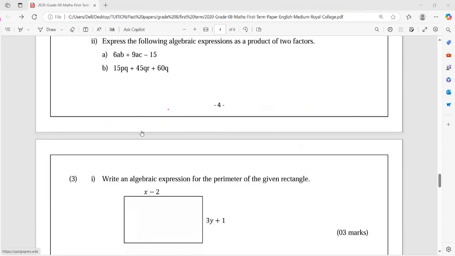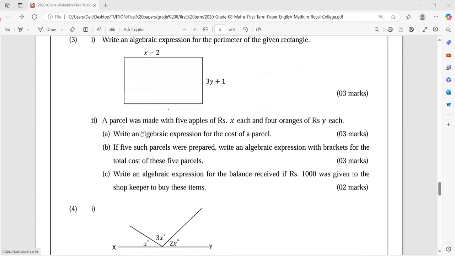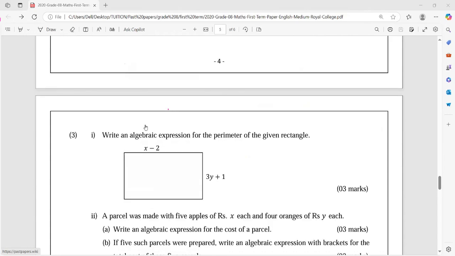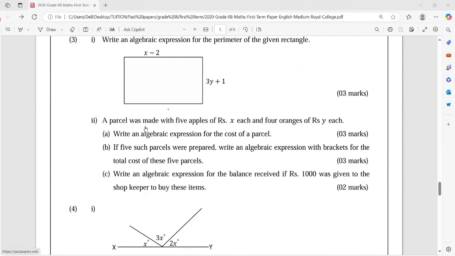Okay, and then let's go to the third question. Part 1, write an algebraic expression for the perimeter of the given rectangle. You know, perimeter means the length of the outer boundary.